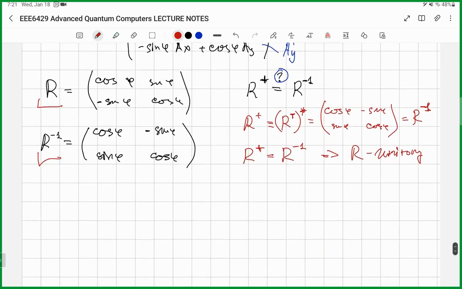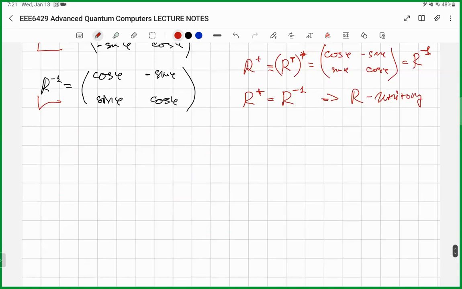In fact, one can say that any rotation matrix is actually a unitary matrix, because what you do, you just rotate. You can rotate either the coordinate system, or you can describe the same process as the rotation of a vector without changing the coordinate system, this basis.